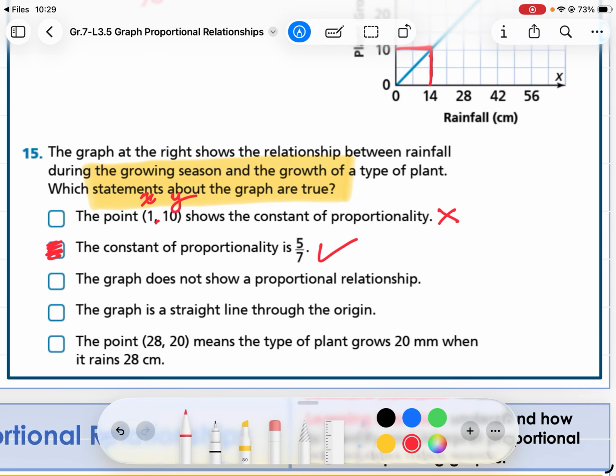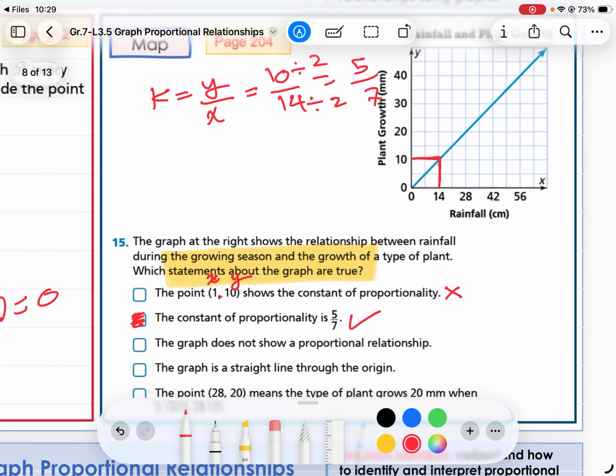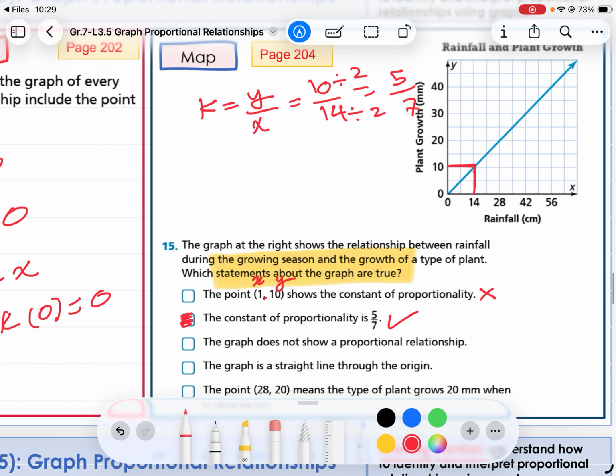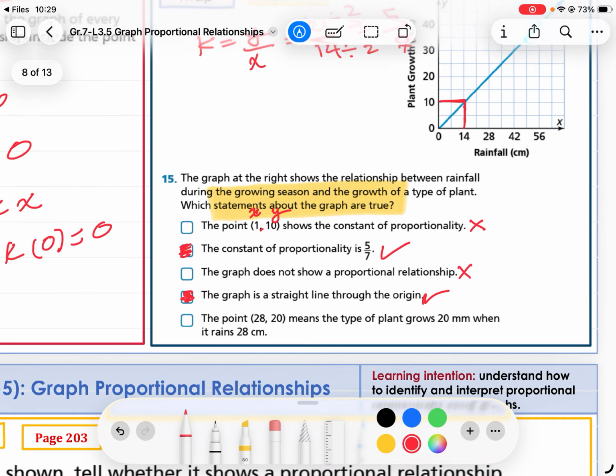Now, the graph does not show a proportional relationship. That's definitely wrong. Look, it's a straight line and it's passing through the origin. So that's an x. The graph is a straight line through the origin. Yeah, it is. It is 100%.